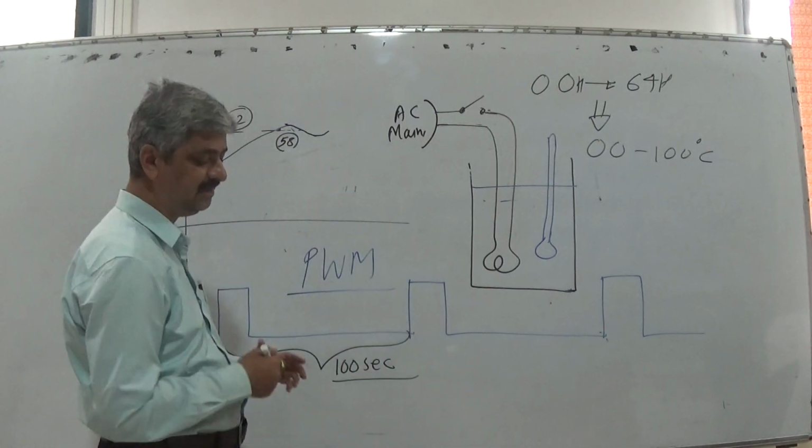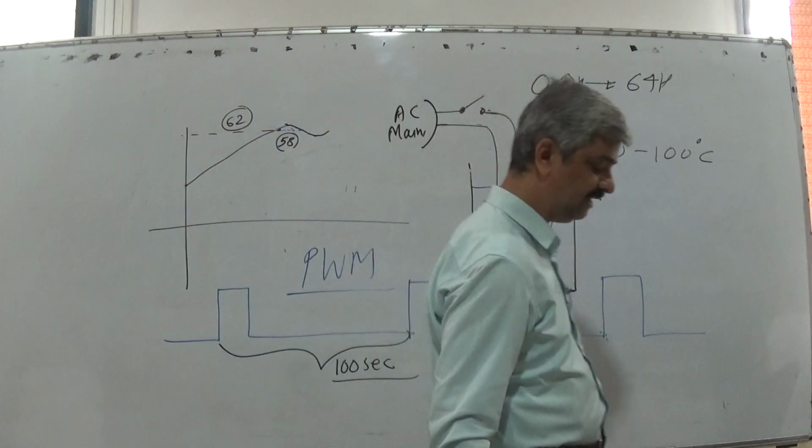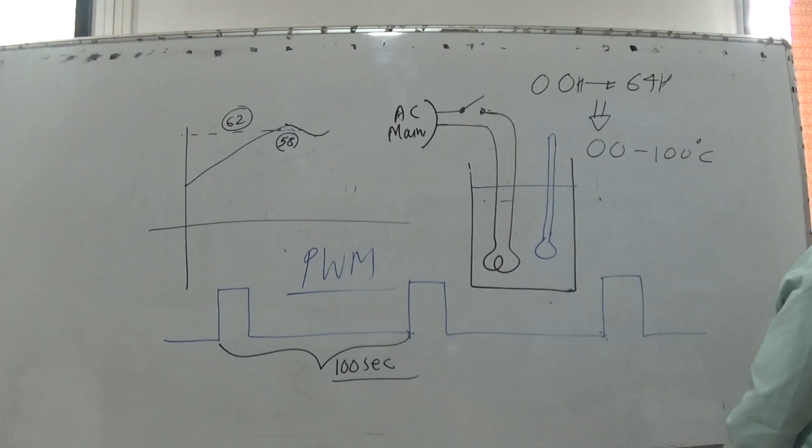So in that case, I can control the duty cycle from 1% to 100%. 1% is 0% total off, 100% total on, and 1% to 99% are intermediate steps.